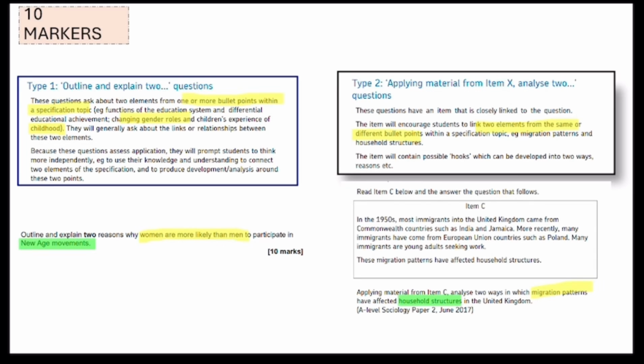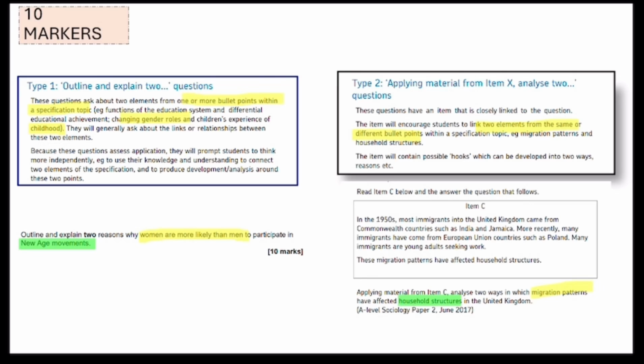And the item question says analyse 2 ways in which migration patterns have affected household structures in the United Kingdom. Here they've combined the topic of demography with migration and household structures from the family diversity topic. These questions can be very tricky because when you're revising, you often look at topics individually.